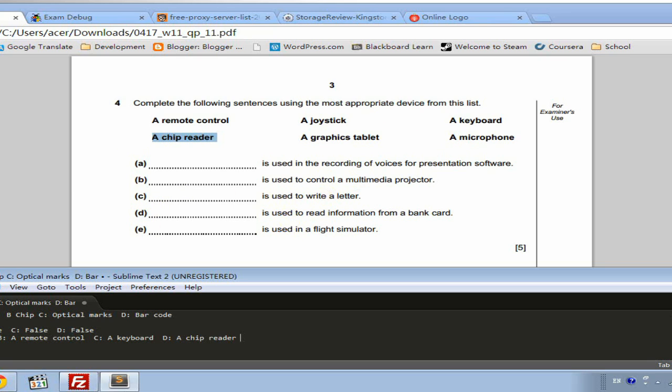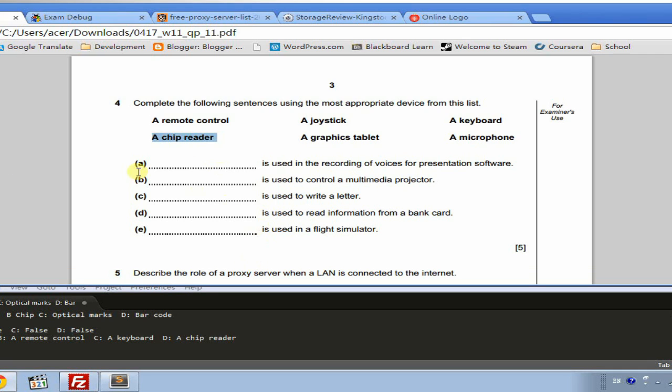E is used in a flight simulator. A flight simulator is for perhaps training pilots. So pilots go in and they have to fly the plane. It could also be on your home computer. A lot of people have flight simulators there because they were really popular for a long time. And to control this, our options left are a joystick or a graphics tablet.